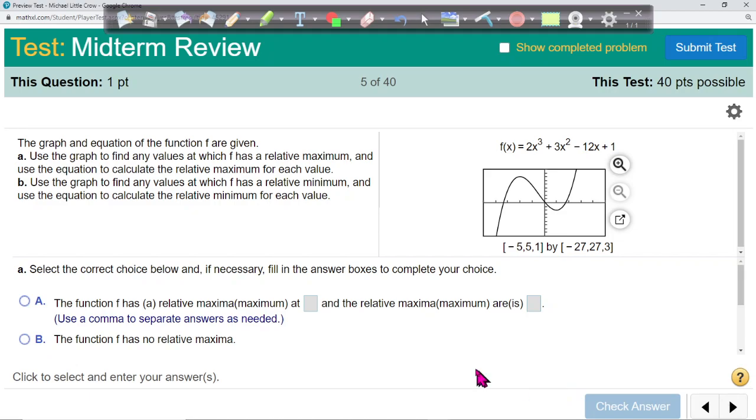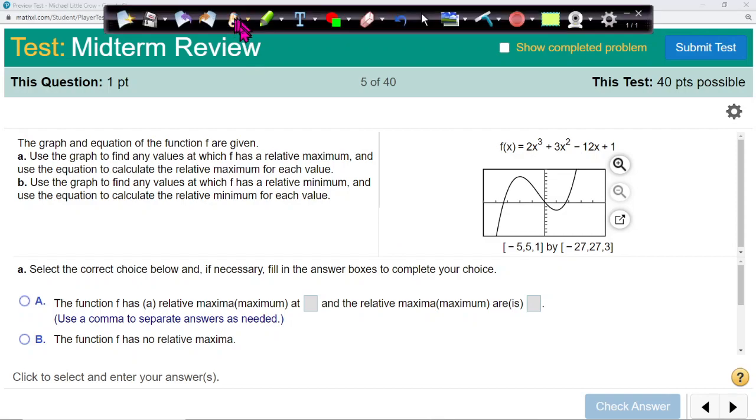So the graph and equation of the function f are given. So we've got both the equation and the graph. We've got what our graphing window is. So use the graph to find any values where f has a relative maximum, and use the equation to calculate the relative maximum for each value. And then do the same thing for minimums.